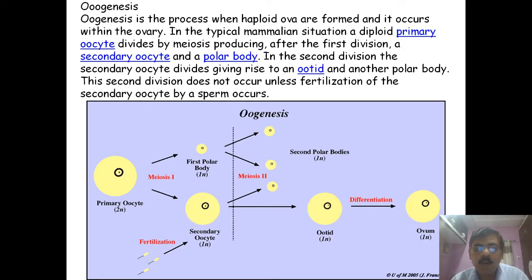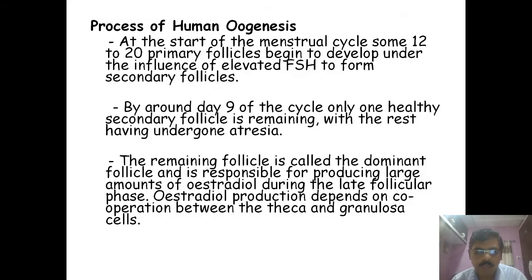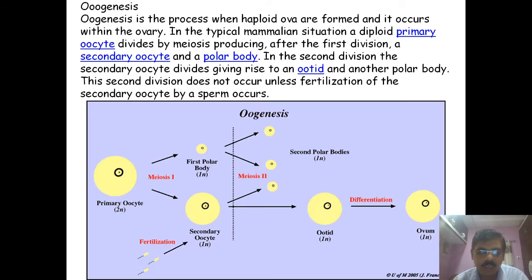Then the normal process of oogenesis in human beings. As discussed earlier, this is the primary oocyte which is formed. This primary oocyte divides in meiosis one and gives rise to the secondary oocyte and the first polar body.